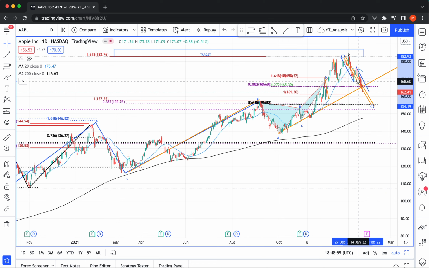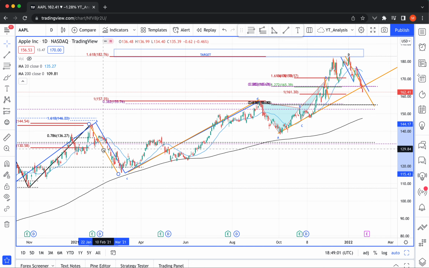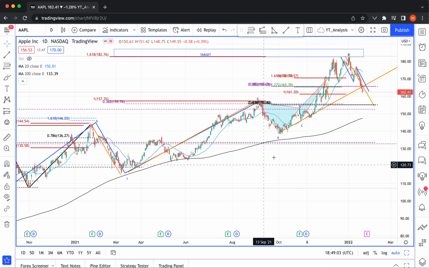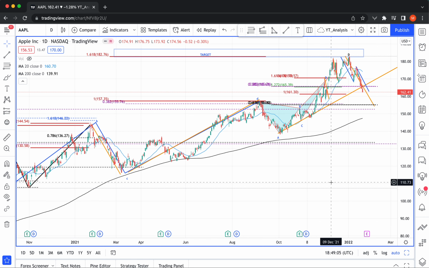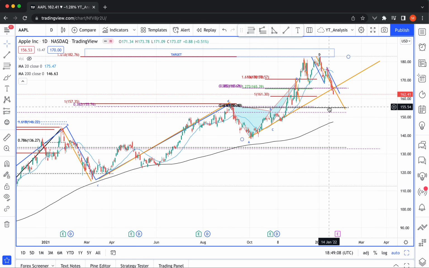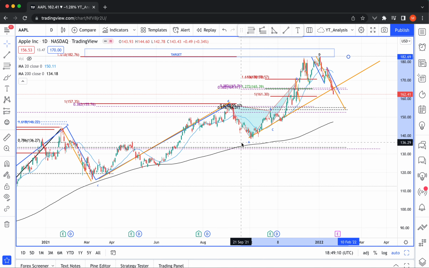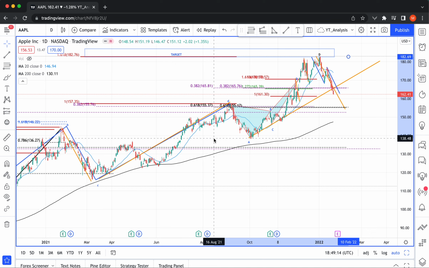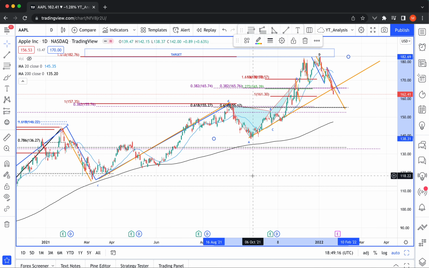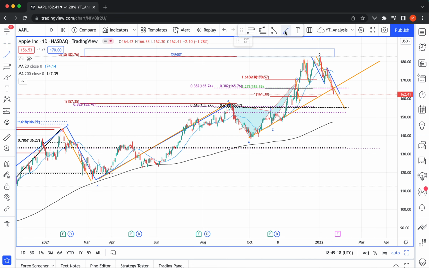That is going to take us to about $155, and $155 is also the 61.8% retracement level of this move here. Let me try to make it a little bit obvious. So that's about $155 here.